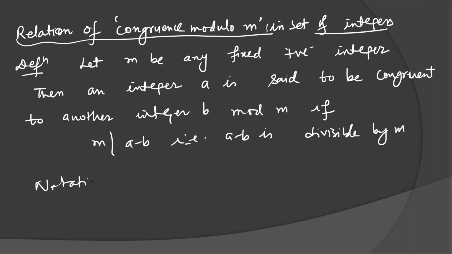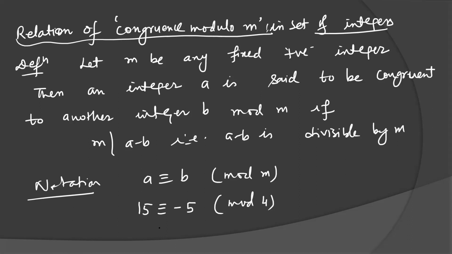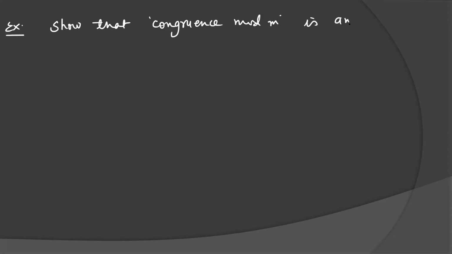What is the notation? a is congruent to b modulo m. For example, 15 is congruent to minus 5 modulo 4, because if you subtract, 15 minus (minus 5), 20 is divisible by 4. Now our aim is to show that congruence modulo m is an equivalence relation.